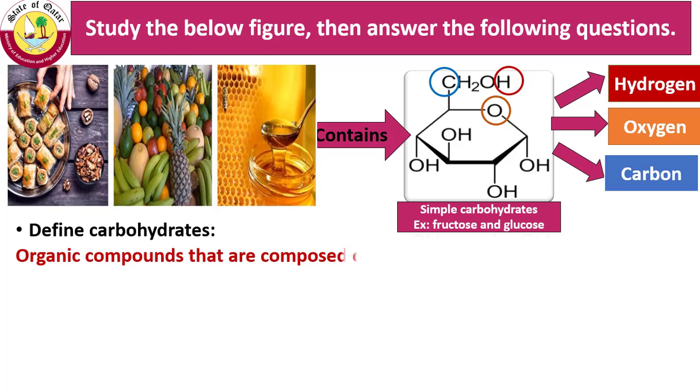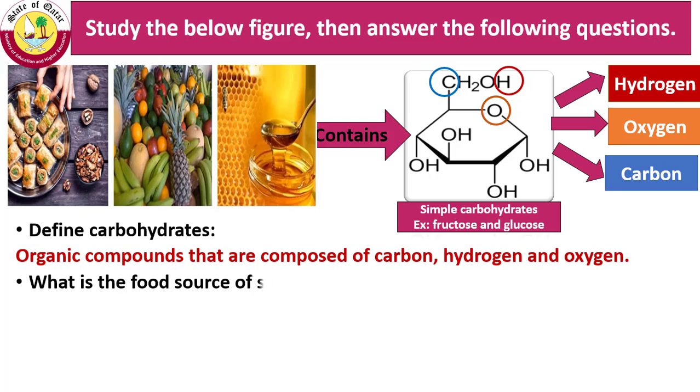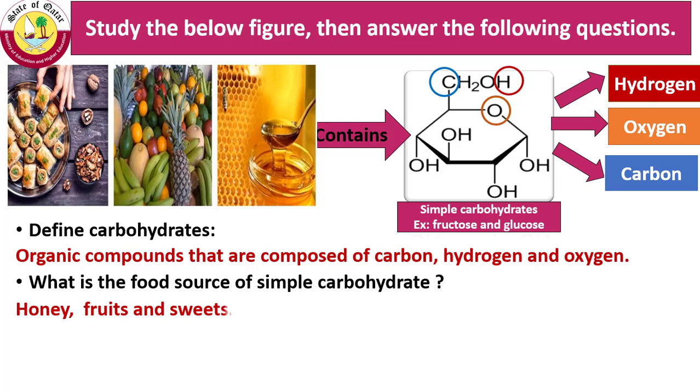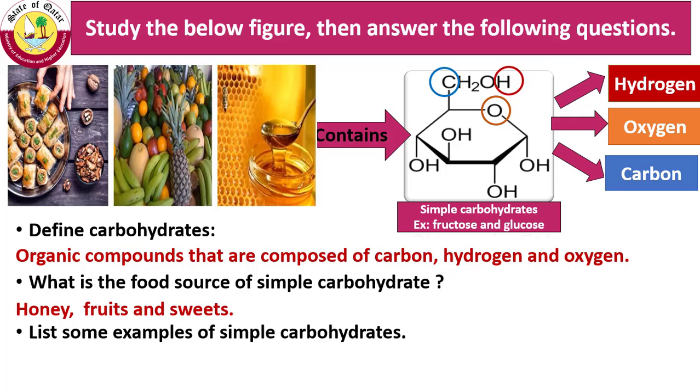Carbohydrates are organic compounds that are composed of carbon, hydrogen, and oxygen. Question 2. What is the food source of simple carbohydrates? Honey, fruits, and sweets. List some examples of simple carbohydrates. Fructose, glucose, and lactose are examples of simple carbohydrates.